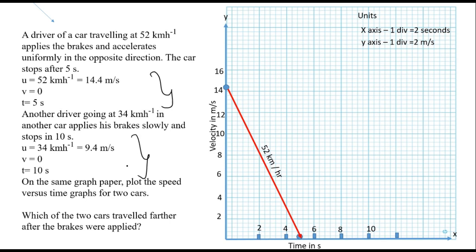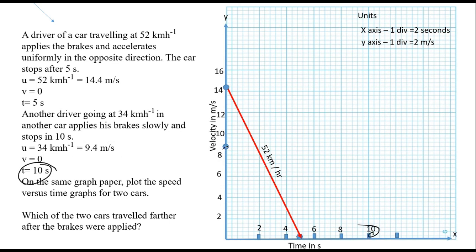Second one, this particular car is already moving at 9.4 meters per second. And where is that 9.4? Somewhere here is the 8 and this is the 10. In the center it will be 9. Roughly it will be somewhere here. So you can take it as approximate marking, 9.4, and here it meets at 10.